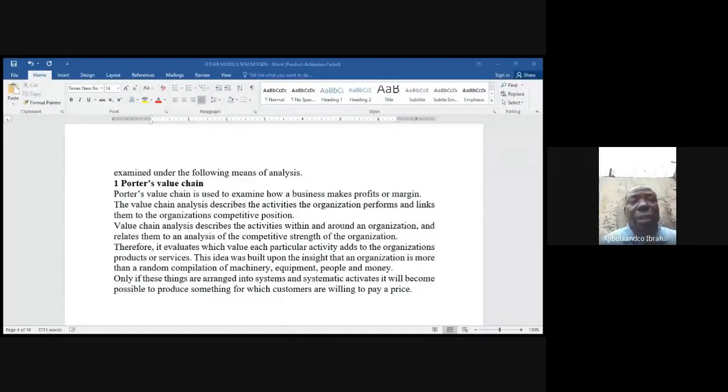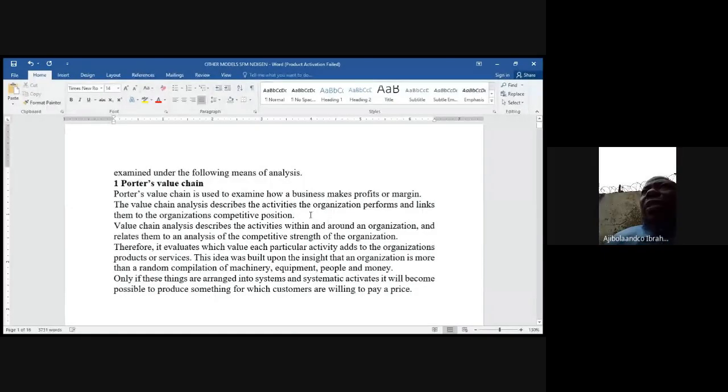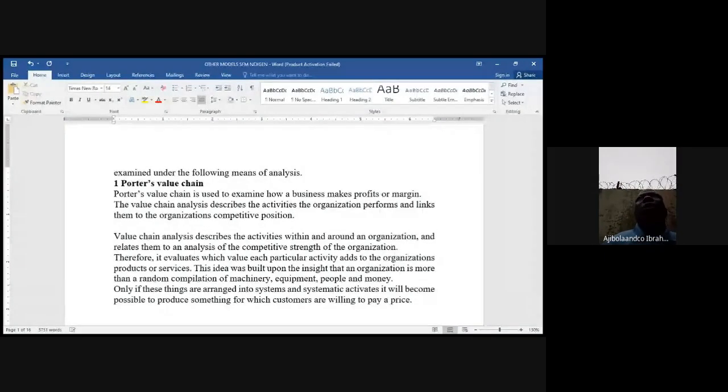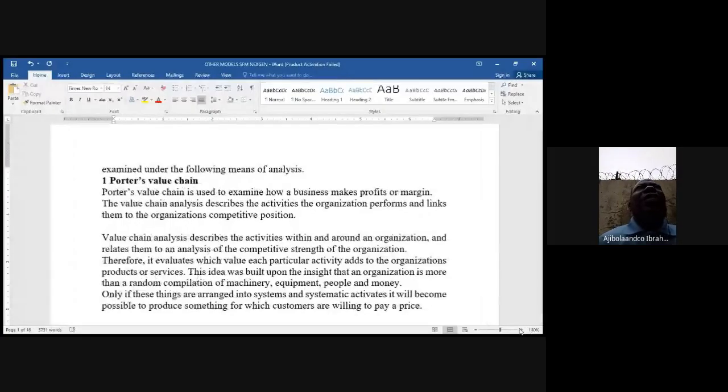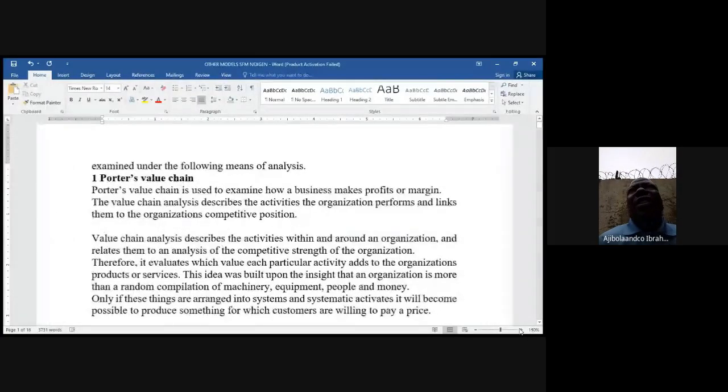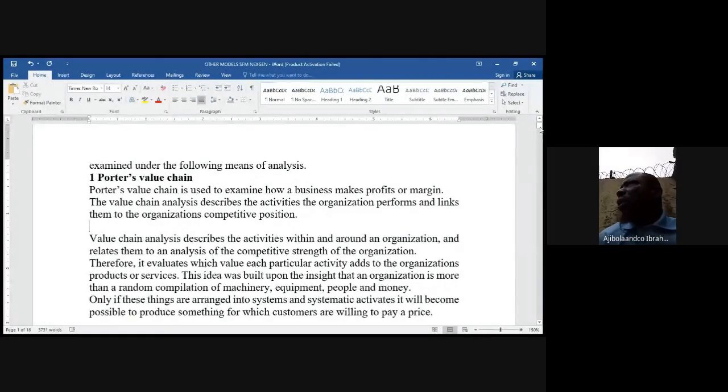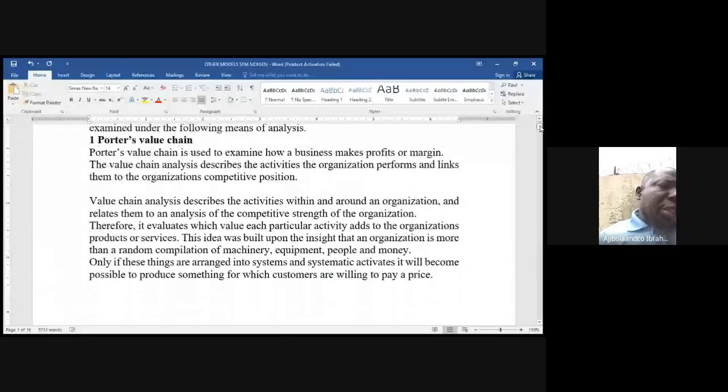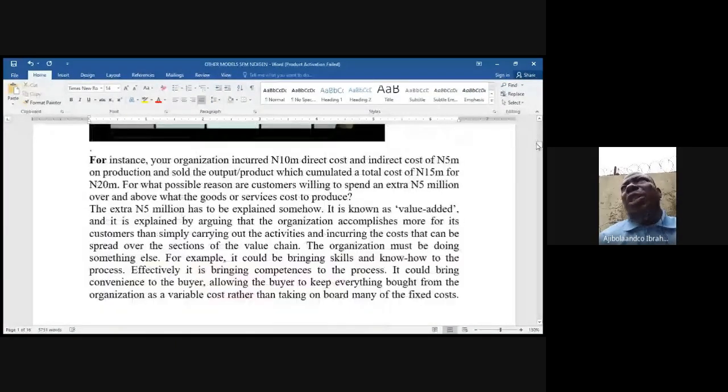That one as it may be, the last class we discussed Porter's five forces, which is one of the major competitive models, particularly in the external environment. We identify the five forces against the profitability of a company. And profitability is one of the basic things in financial management.